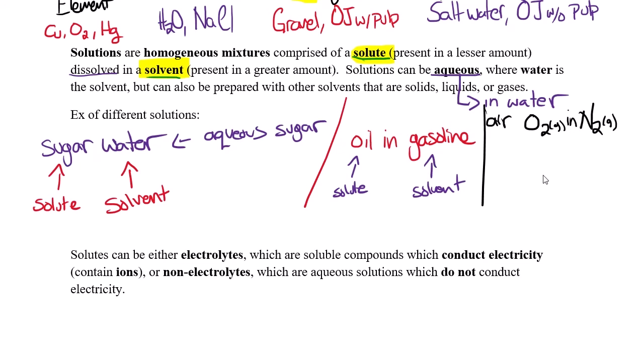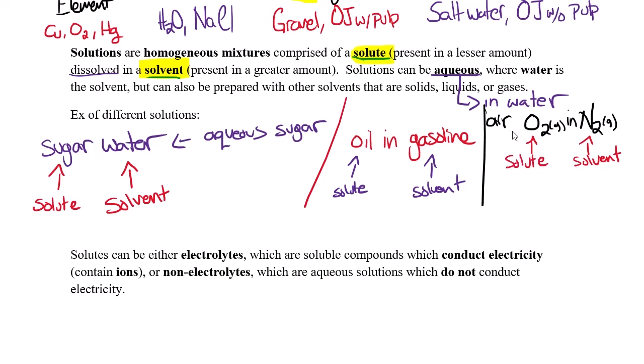And so you can think of air as a solution of oxygen dissolved in nitrogen. It's about 20% oxygen dissolved in about 78% nitrogen. And there are some other components in there too. So which one of them is the solvent? Well, it's the nitrogen. And then the oxygen is the solute.